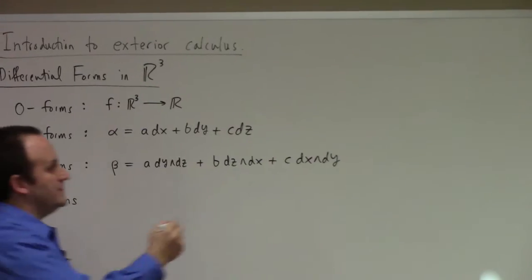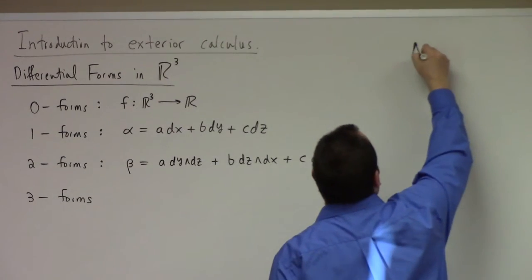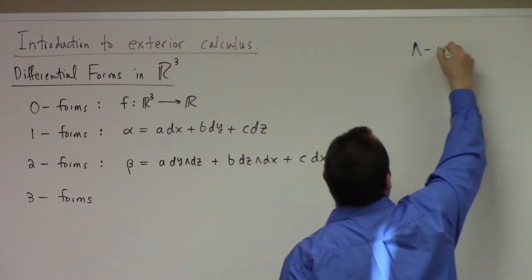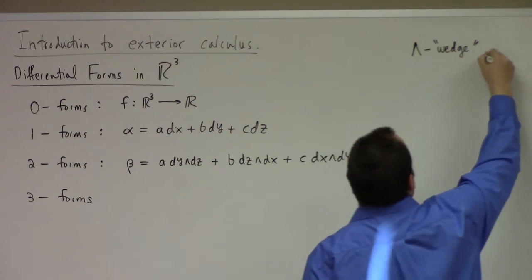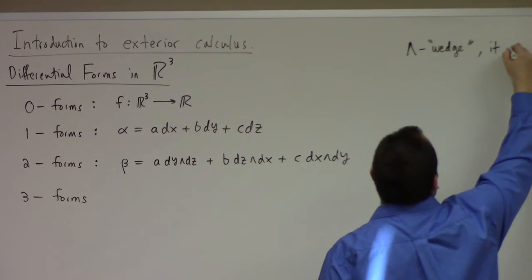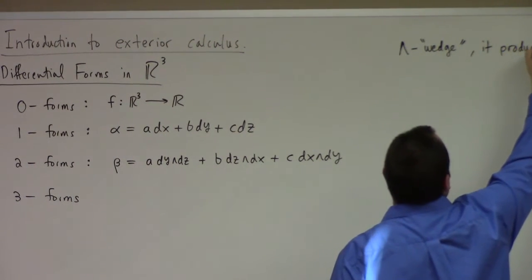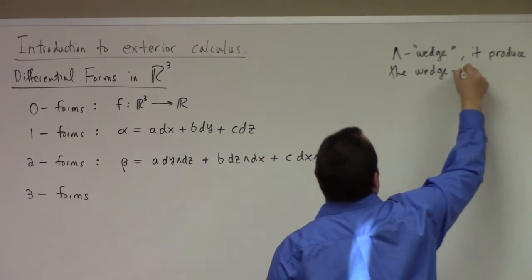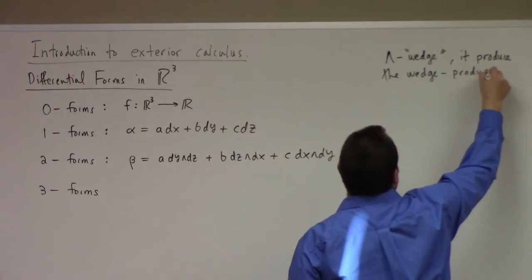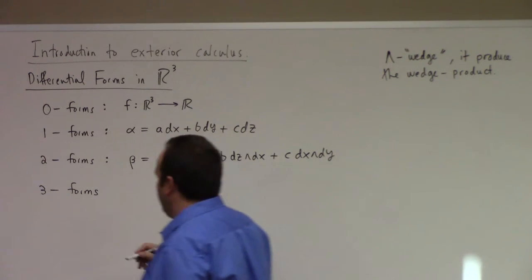So here, this thing is called wedge. It produces, let's say, the wedge product. I'll tell you more about that in just a second. Three forms.